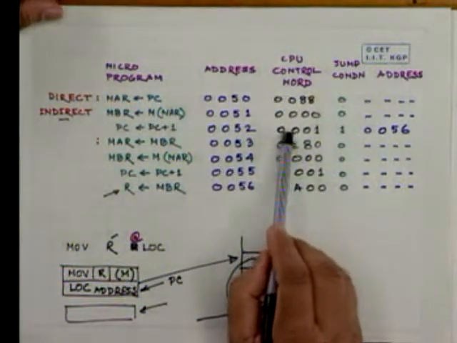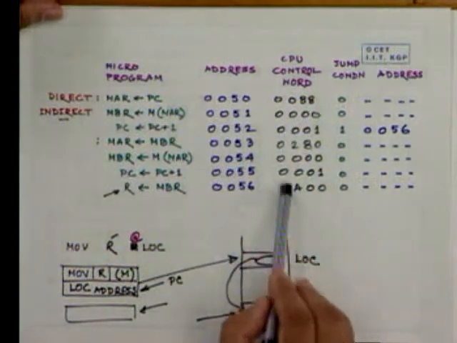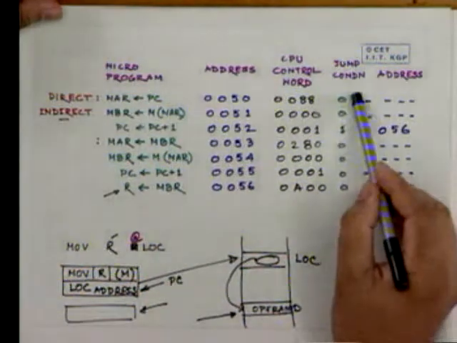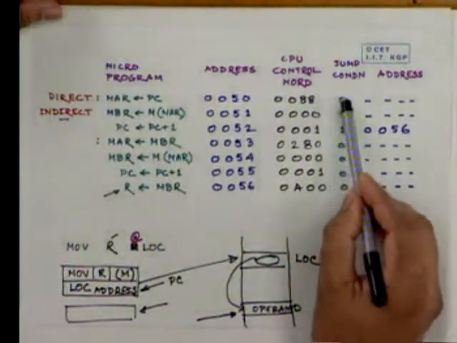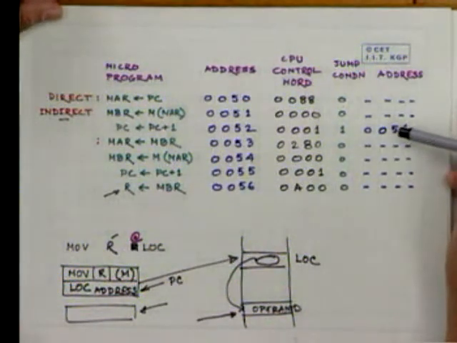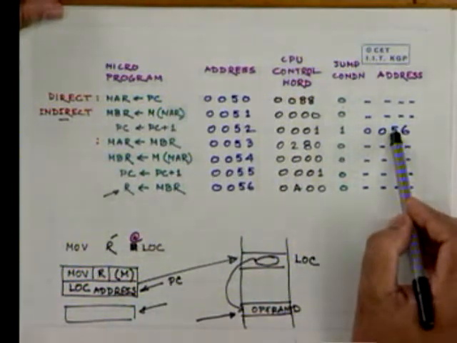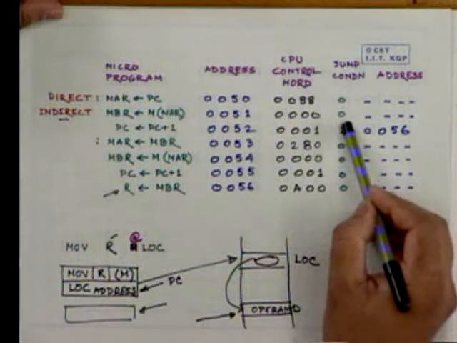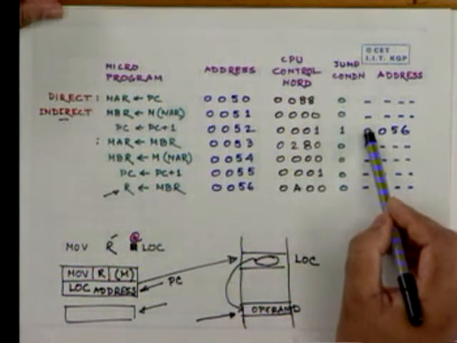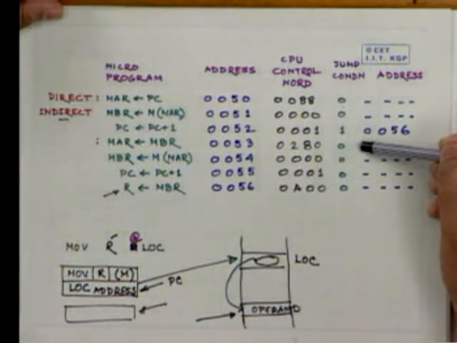One is the control word, which controls the gates, that means the control signals that go to the control gates. Another field is a jump condition. It says on what condition we jump to the next instruction, and at what location it remains. For example, here, if the jump condition is direct, then we go to memory location 0056. Otherwise, we automatically go to the next memory location.